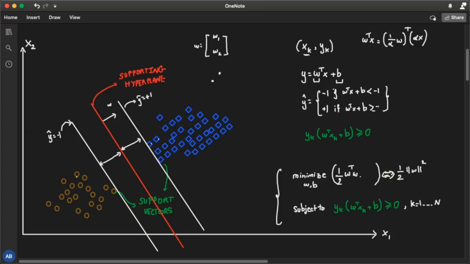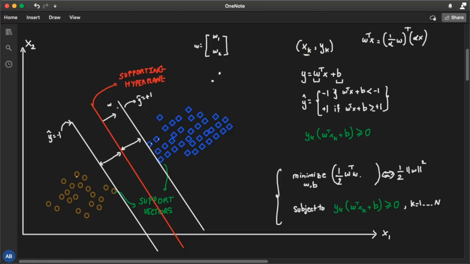So I'm not going to classify only when W transpose X plus B is negative. No, this is even stronger when it's less than minus 1. So when it's below the support vector and not the supporting hyperplane. Likewise, I'm going to say that my X belongs to class plus 1 when W transpose X plus B is not only greater than 0 but greater than plus 1.